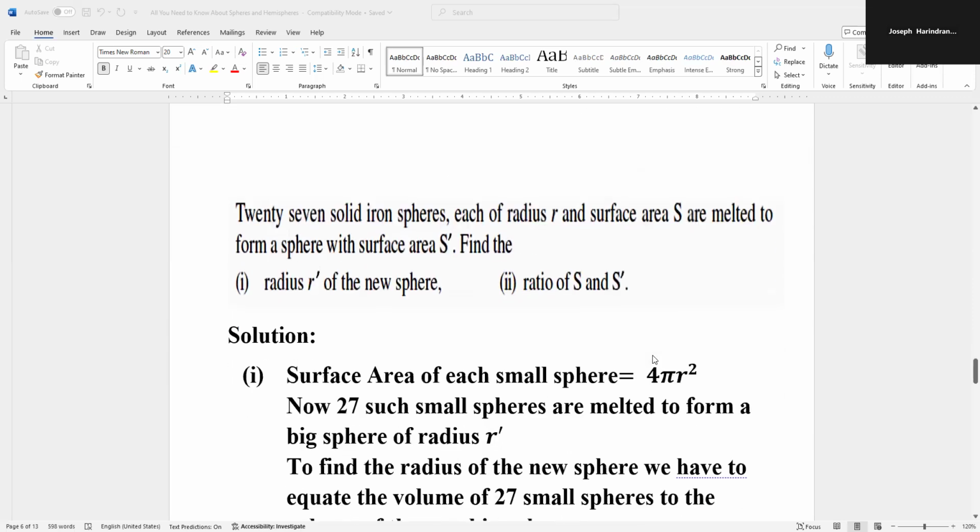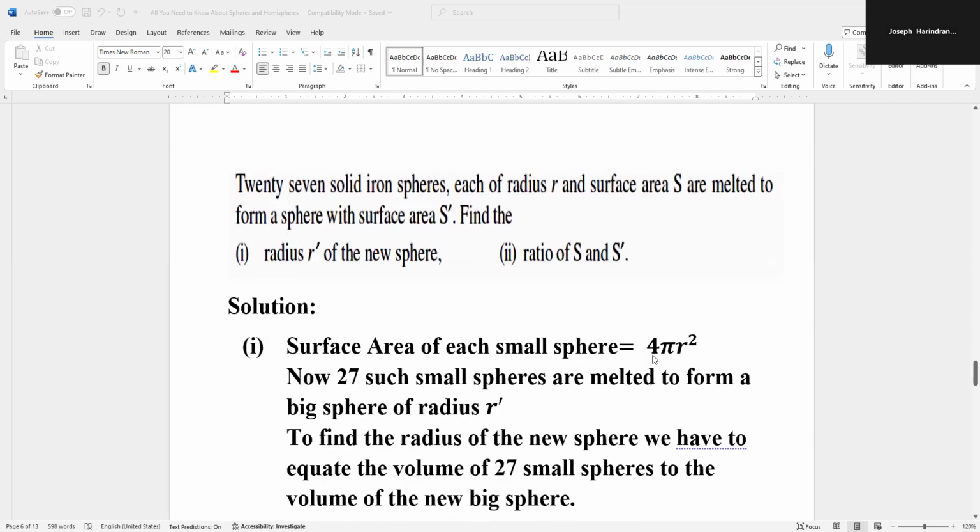Here is a question given in the NCERT textbook of 9th standard CBSE Mathematics. The problem is this: 27 solid iron spheres, each of radius small r and surface area capital S, are melted to form a sphere with surface area S dash.